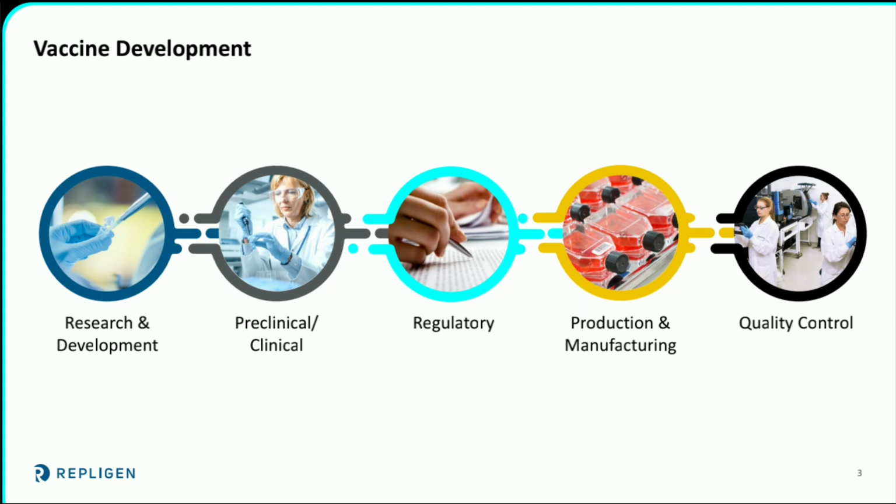You'll go through some preclinical and clinical studies to test the safety and efficacy of the vaccine. Once it's proven effective, the FDA will go through a deep monitor and inspection of the vaccine, and afterwards it'll scale up through a manufacturing process, and then finally it'll be quality controlled.